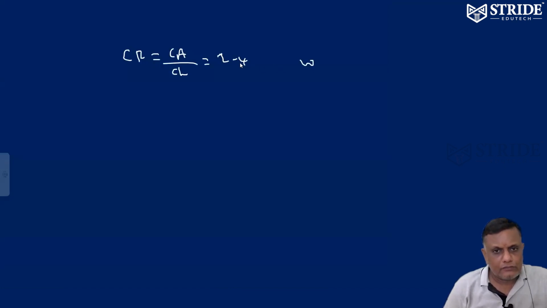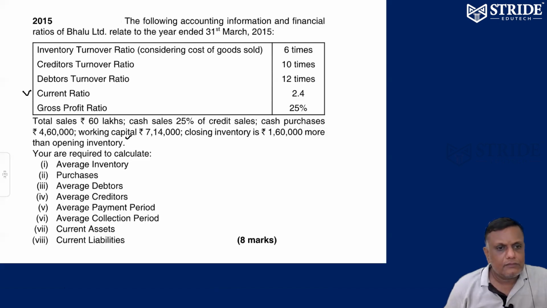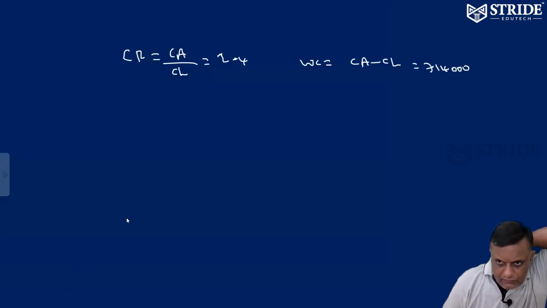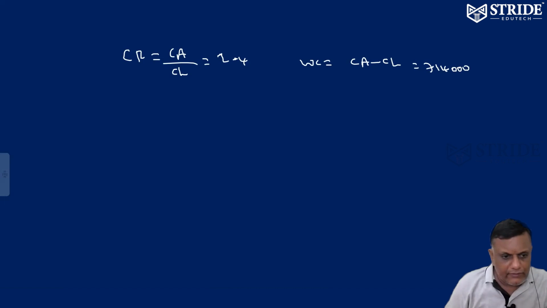Working capital is current asset minus current liability, so current asset minus current liability is equal to 7,14,000.